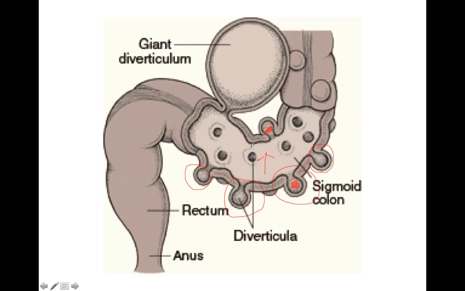These diverticuli can get inflamed. So this is diverticulosis. If these get inflamed, the patient will have diverticulitis. Diverticulitis causes pain in the left lower quadrant, and mainly occurs in older patients with chronic constipation.